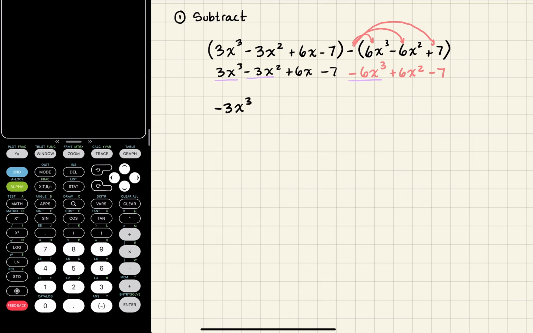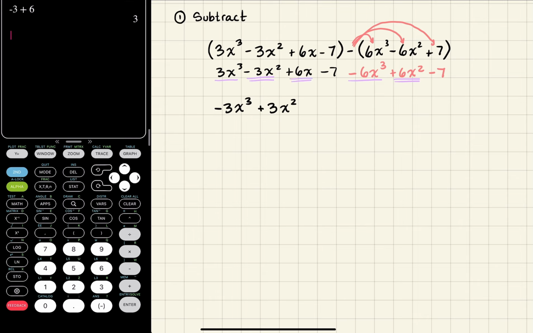We've got an x squared term here and an x squared term over there. So that's negative 3x squared plus 6x squared. And negative 3 plus 6 is 3. Oops, yeah, a positive 3x squared.